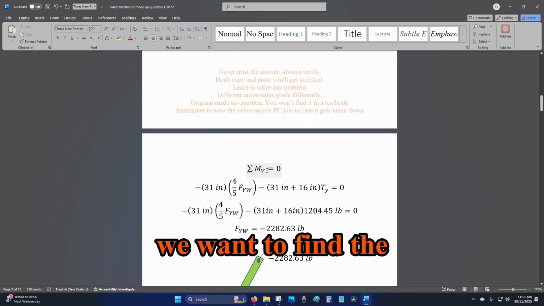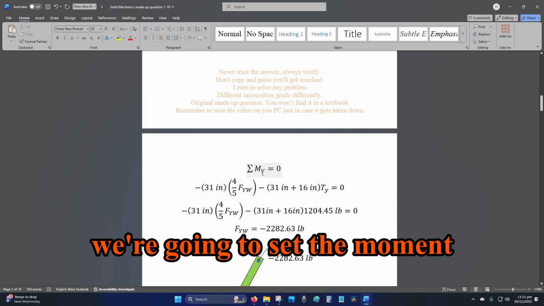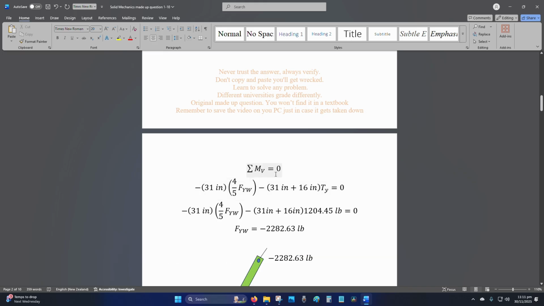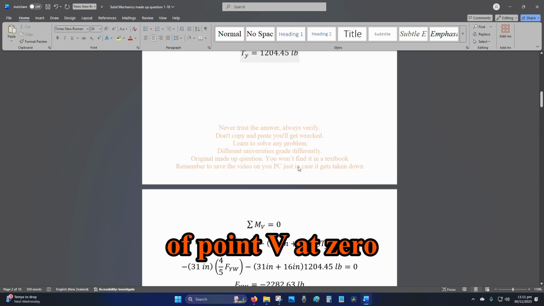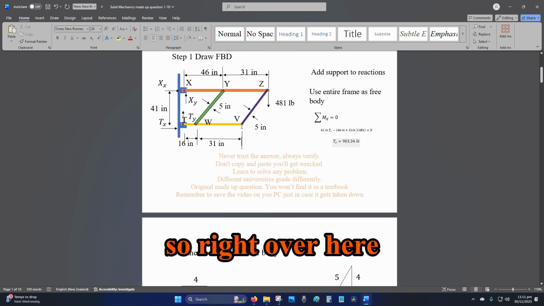Next, we want to find the actual force at YW. We're going to set the moment at point V to 0. So right over here.